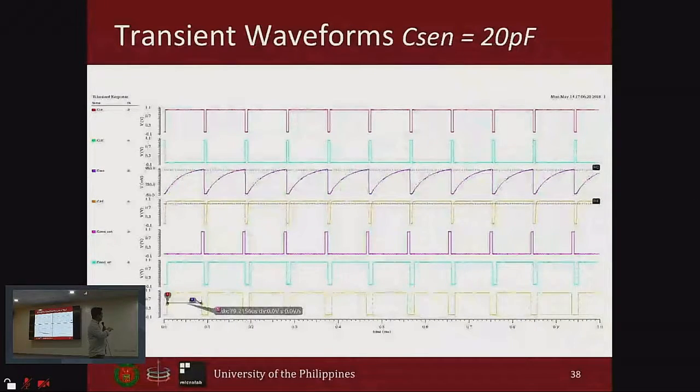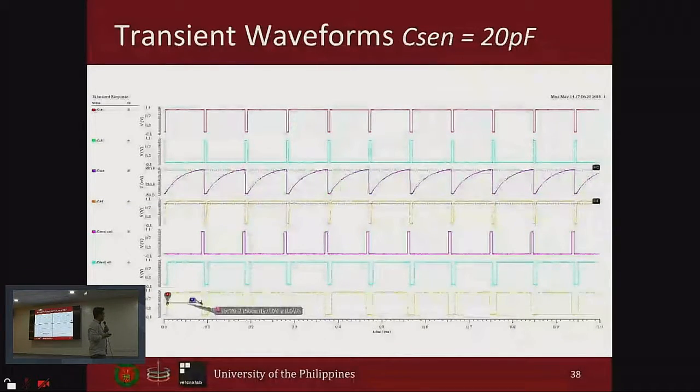Then the trigger: you see a rising edge, the capacitance being charged, and that triggers the comparator to change its value at the target threshold voltage of 890 millivolts. Because this is 20 picofarad, the phase detector output at the bottom, which is the output of your XOR, is close to 79 microseconds of pulse width, signifying the C-sense of 20 picofarad.